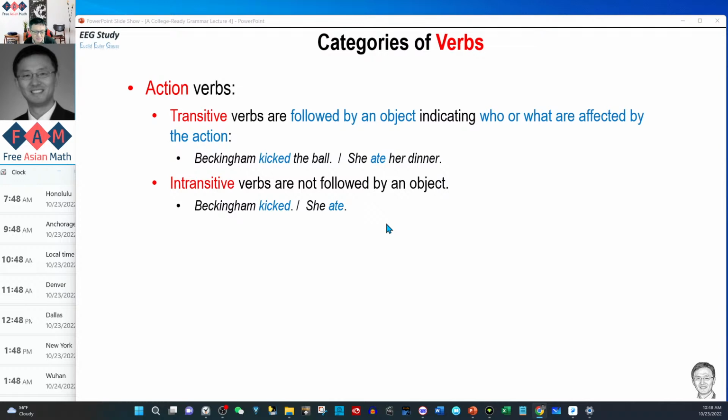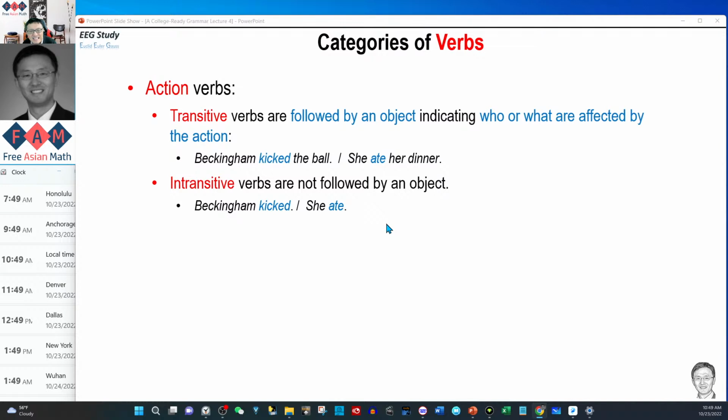Similarly, we can say she ate. She already ate. This ate is the same action as she ate the dinner. Although in this case, we don't need a direct object. We merely describe what action she performed. We don't need to tell there's a recipient of this action. We merely describe the action itself. That's what an intransitive verb is all about.